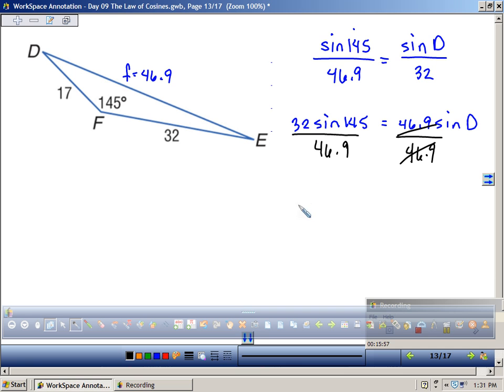Multiply both sides by inverse sine, and I get inverse sine of 32 sine 145 divided by 46.9. All that in a calculator equals D. And it is, I heard it. Good job.